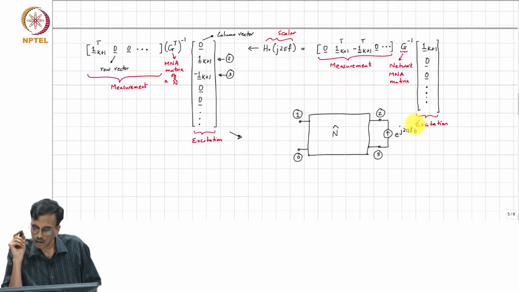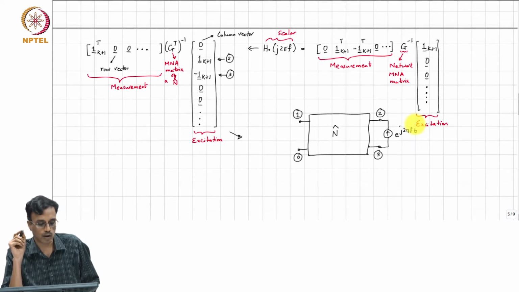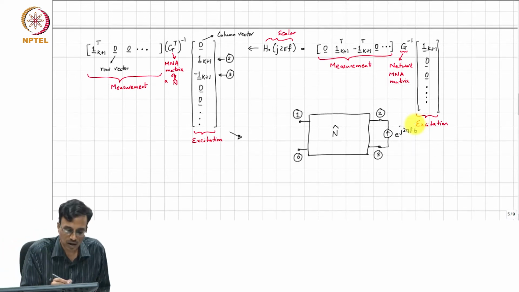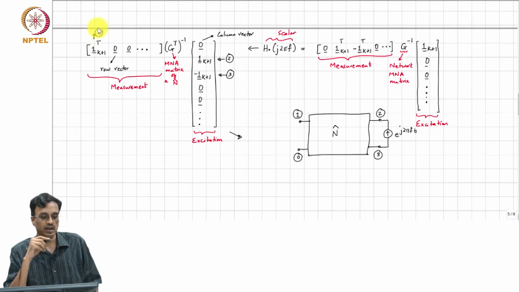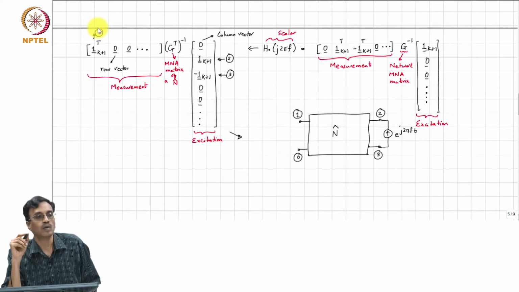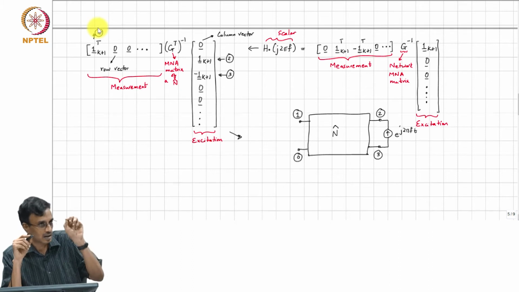All right. And what are we measuring as our output? We are measuring, this corresponds to node 1. So, we are interested in voltage at node 1, but which harmonic? That is the k plus 1 means. Exactly, right.